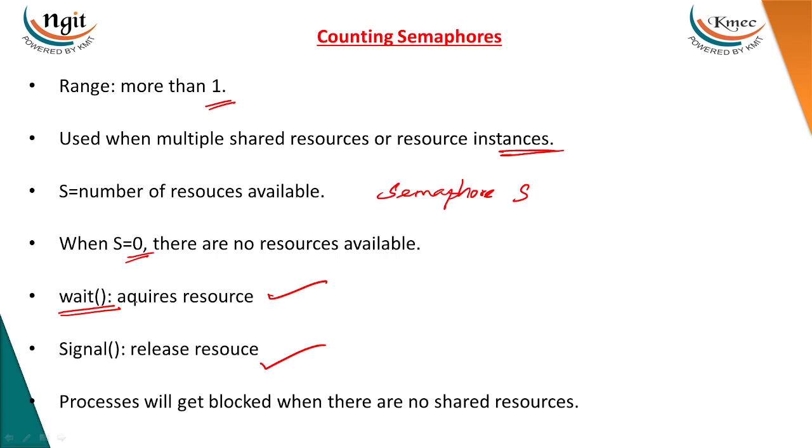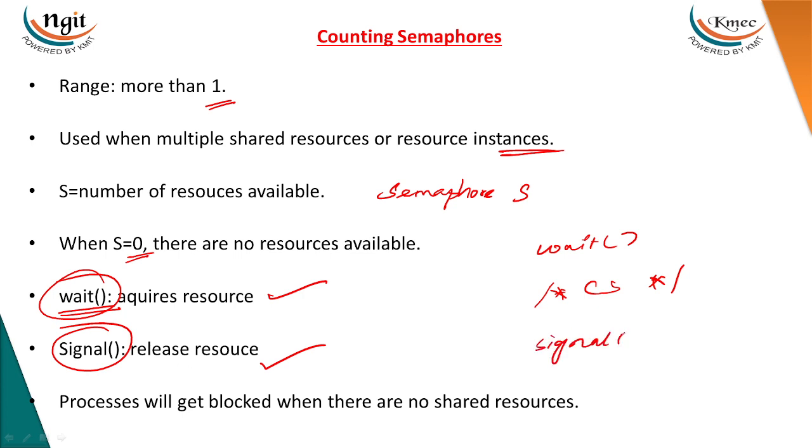Whenever you want to use the resource, you need to invoke the wait function. After using the resource, you need to invoke the signal function. So the critical section, that is the shared resource, is always in between your wait and signal functions.